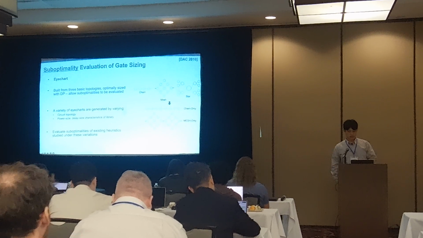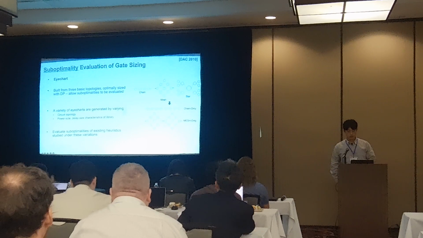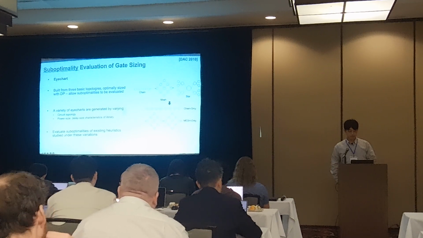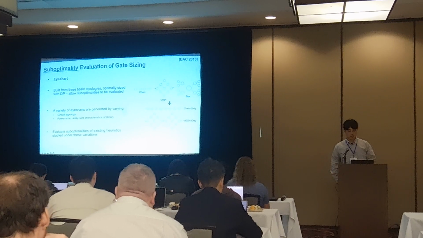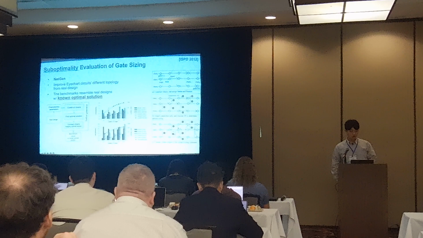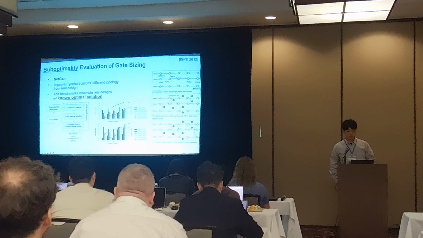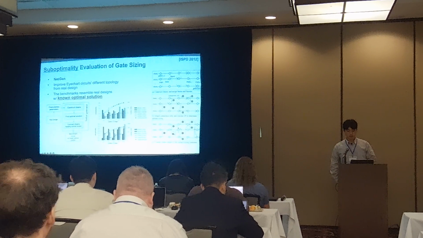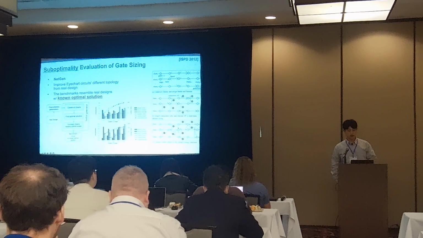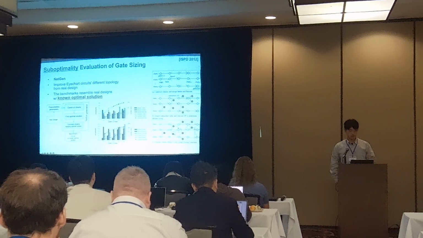Professor Gupta proposed chain, mesh, and star-shaped topologies. Each can be solved optimally, but the diversity of topology was restricted. To evaluate the suboptimality of sizing heuristics, more realistic benchmarks are required along with a flexible generation flow.